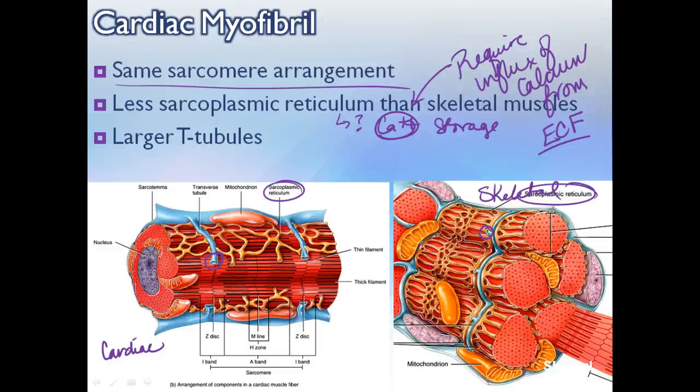And although those two things are different, overall, the arrangement of the myofilaments, the arrangement of the actin and myosin, how they overlap to form the sarcomere is the same between cardiac and skeletal muscle. As such, the actual contraction mechanism where the actin binds to the myosin, the actin heads bend, the sarcomere shortens, that same mechanism of contraction is the same.